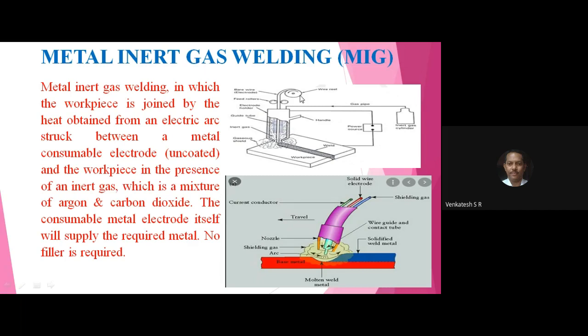The electrode itself acts as a filler metal or filler rod. No filler rod is required in metal inert gas welding, but in tungsten inert gas welding you require filler metal. You are using a solid rod type of electrode in TIG. Here no filler rod is used for filling of the gap.